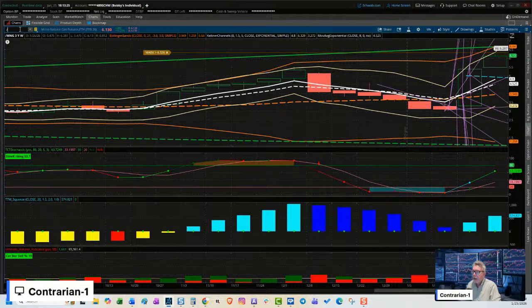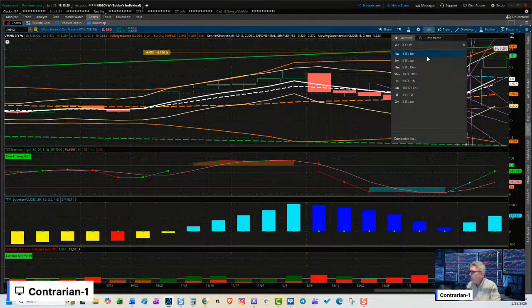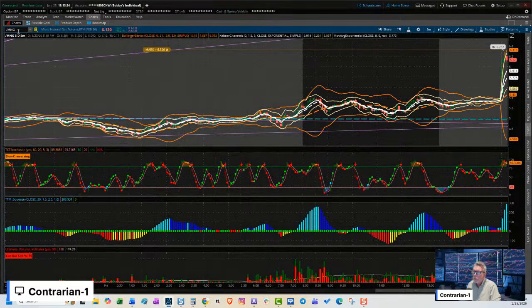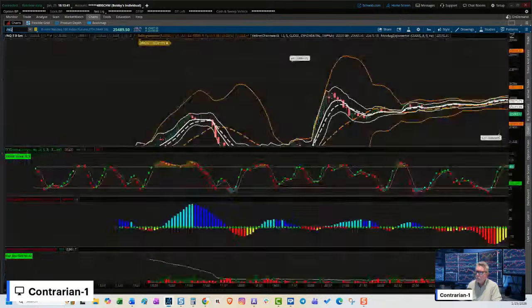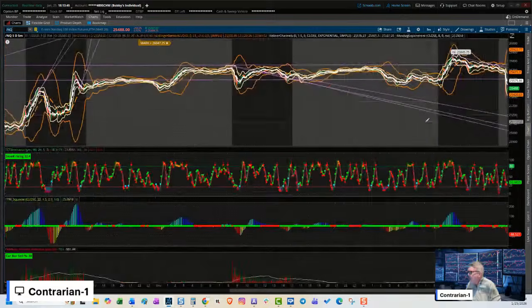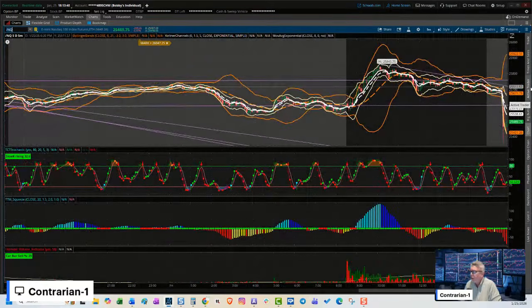Let's check in with equities. Let's go with the NASDAQ opening down. We're short the market, so this is good for us. NASDAQ opening down 0.97%. Very good.